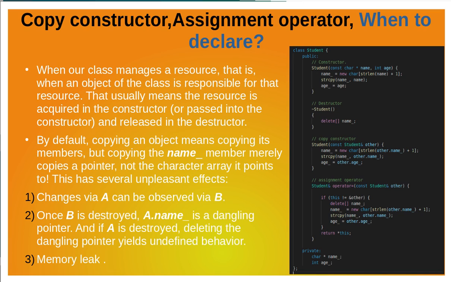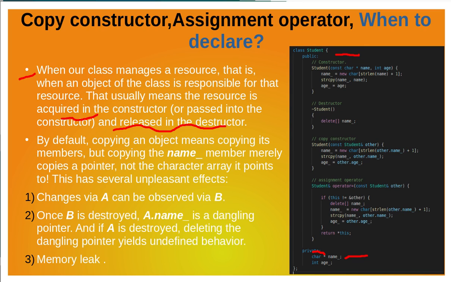So when do I have to declare explicitly the copy constructor and the assignment operator? When our class manages a resource, that is when an object of the class is responsible for that resource. That usually means the resource is acquired in the constructor and released in the destructor. So in this example, we replace the member name of type string with the old style, which is a character pointer.